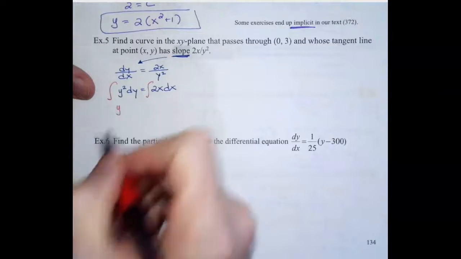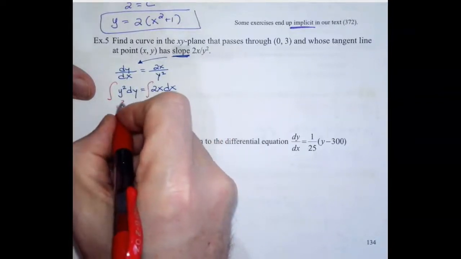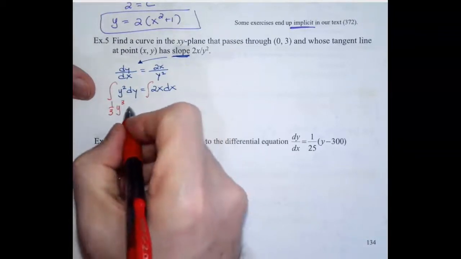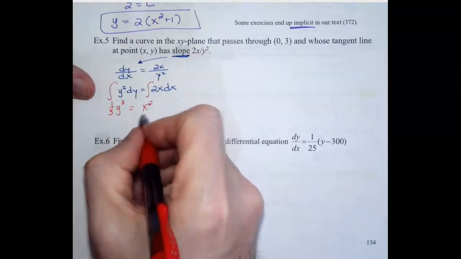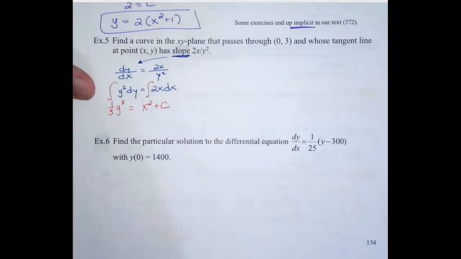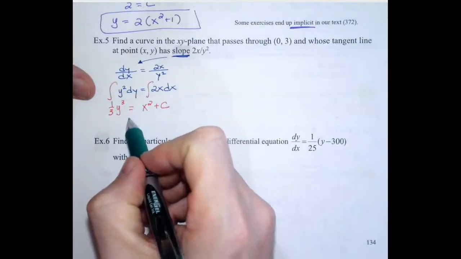This should be pretty basic for you if you've been paying attention. It's kind of the same. Add 1 to the exponent, divide by the new exponent. Over here, add 1 to the exponent, divide by the new exponent, plus c. Now, we can evaluate for c whenever we want, so I think I would rather just go ahead and find it now.